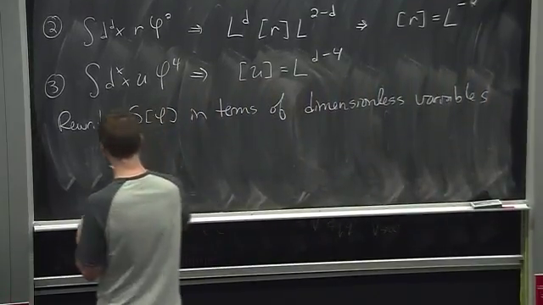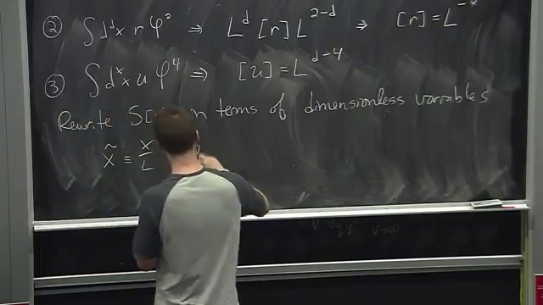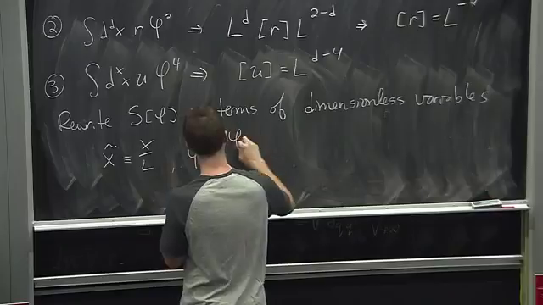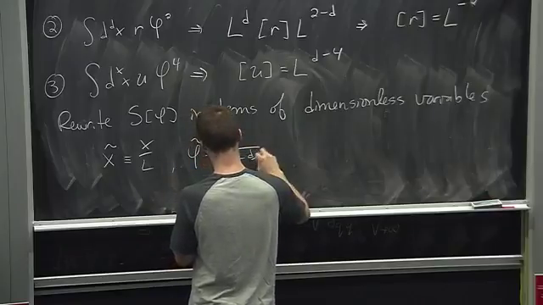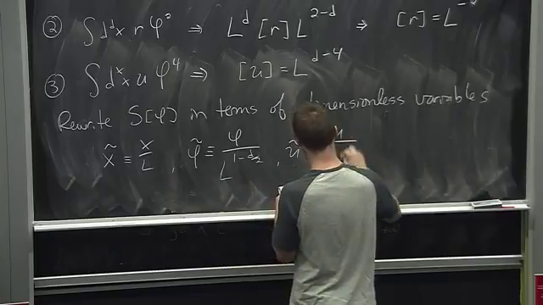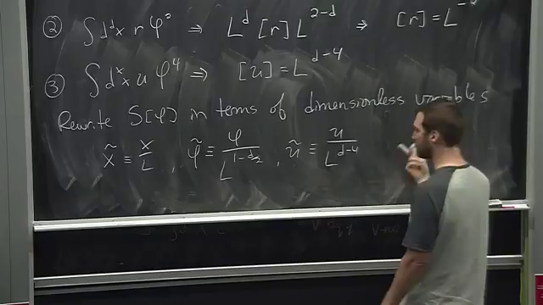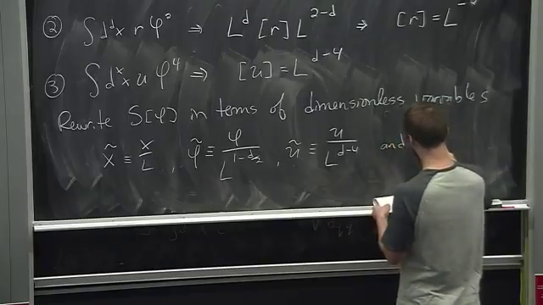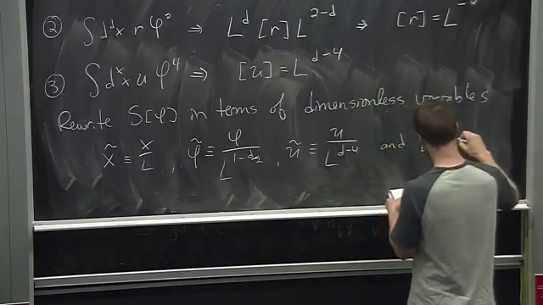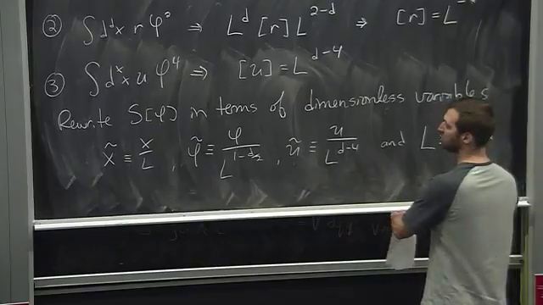So all the fields and coordinates, I'll write them as tildes. I'm just scaling away these dimensions. And let me define a length scale independent of the dimension. So that relates R and L, like that, if you will.